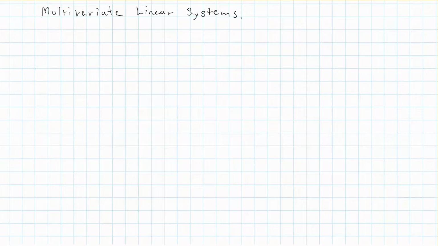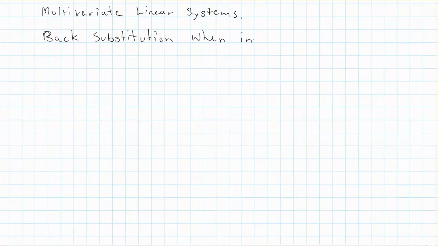First off, we're going to just look at some simple ones, and this is called back substitution. When in what's called echelon form.